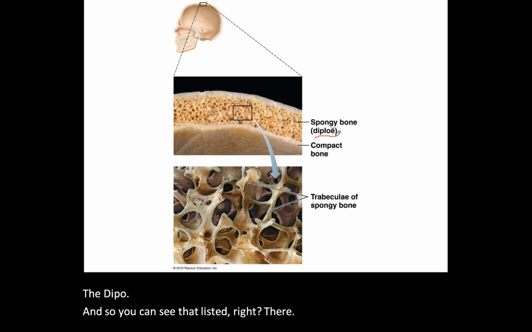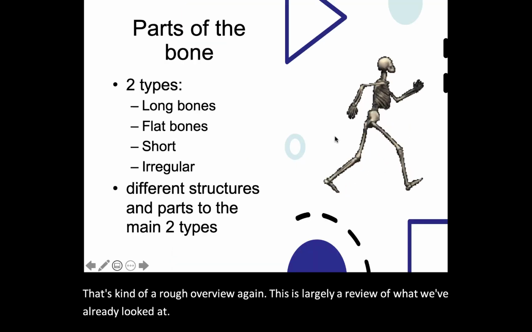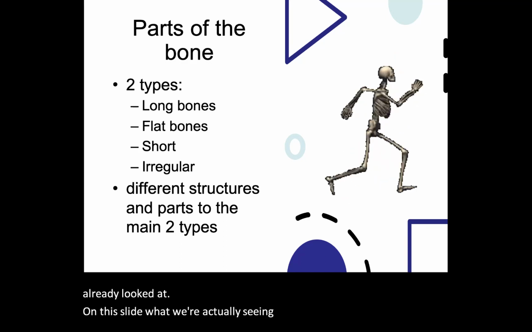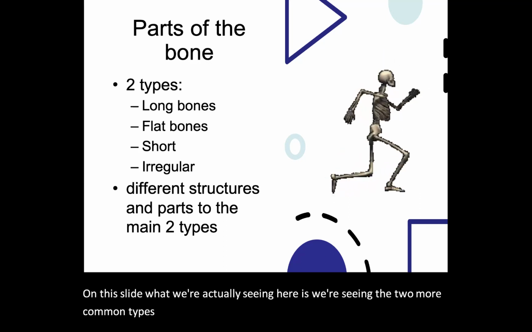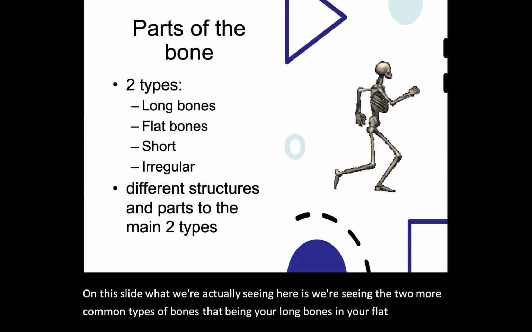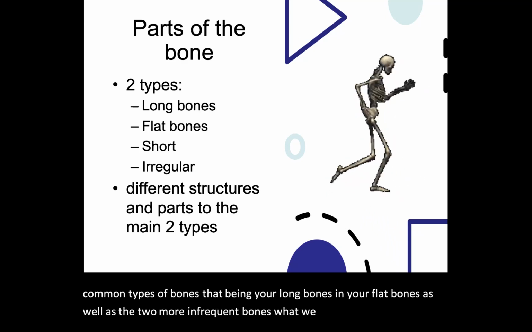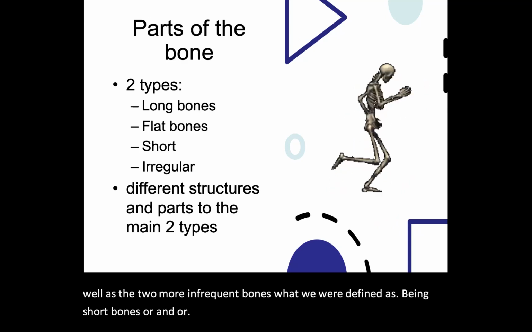Now, that's kind of a rough overview. Again, this is largely a review of what we've already looked at. On this slide, what we're actually seeing is the two more common types of bones, that being your long bones and your flat bones, as well as the two more infrequent bones, what we would define as being short bones or irregular bones.